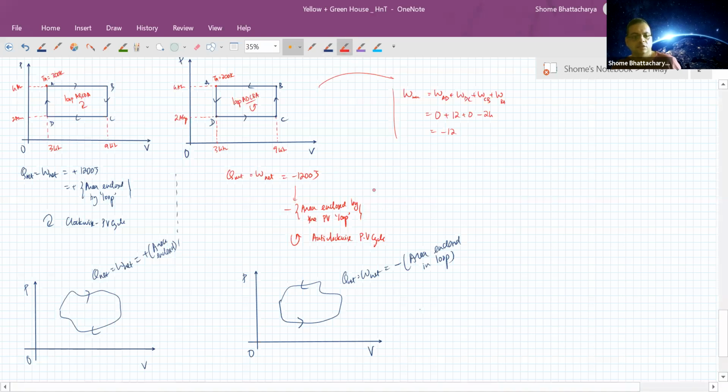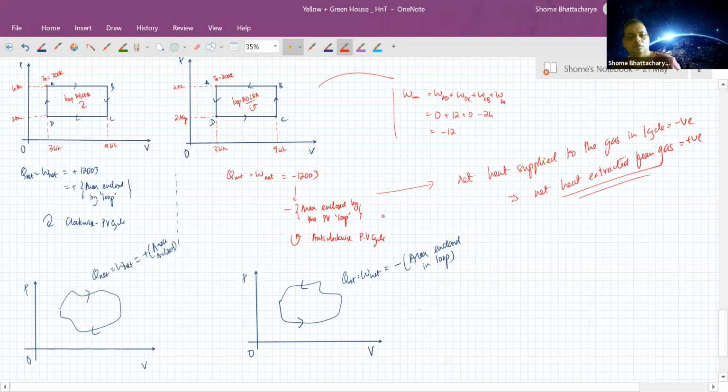So in this type of a process, what happens is that net heat supplied to the gas in one cycle is negative. Okay. That means net heat extracted from the gas is positive.